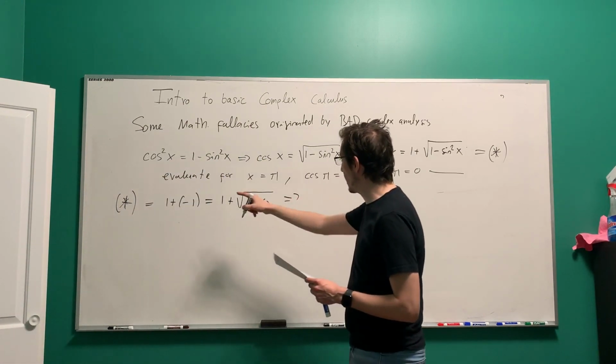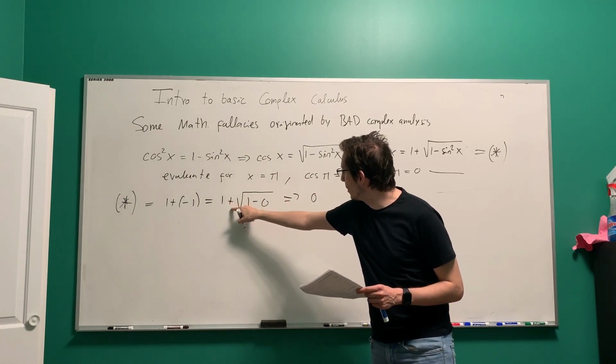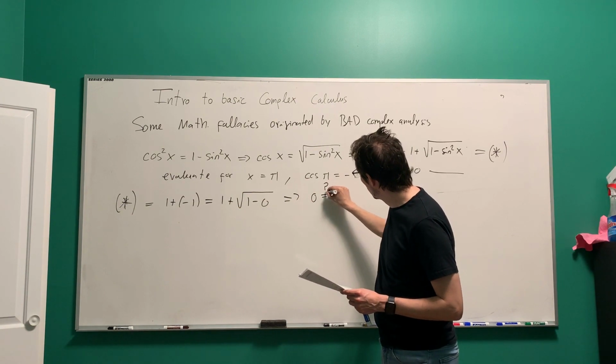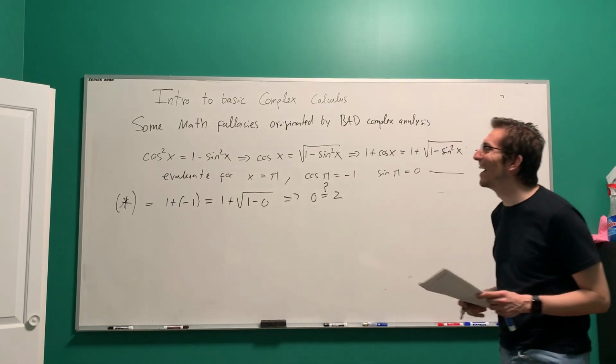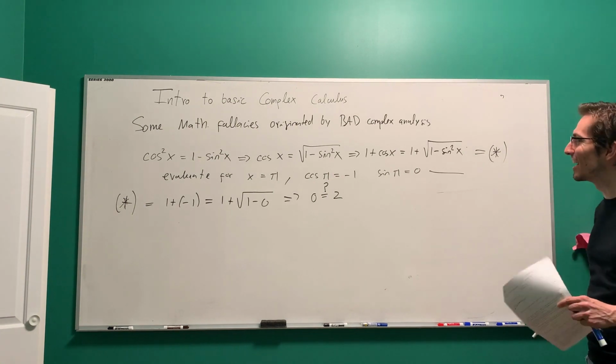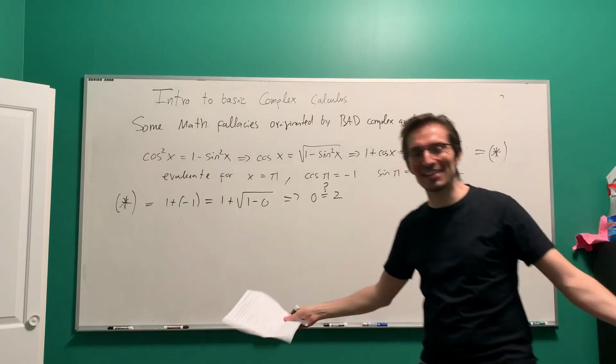So what I get here is 1 minus 1 is 0, and 1 plus 1 is 2. What? Contradiction. So I've done something wrong somewhere, some step that I'm not allowed to take. What is it?